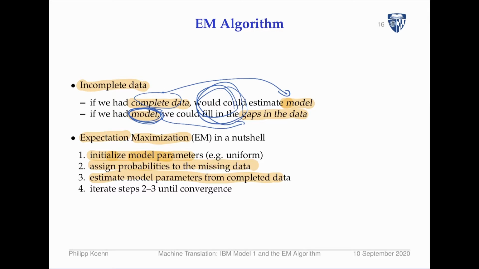This is the other step. You have the completed data. Well, it's estimated, but we just pretend it's true, and we estimate a model from it. And then we iterate these two steps until convergence. In practice, we're just going to do this maybe for 4 or 5 iterations.